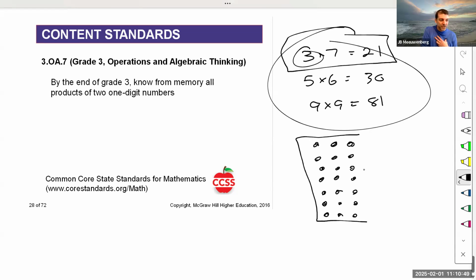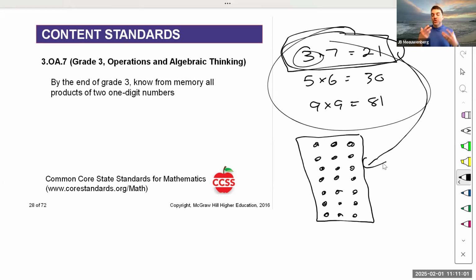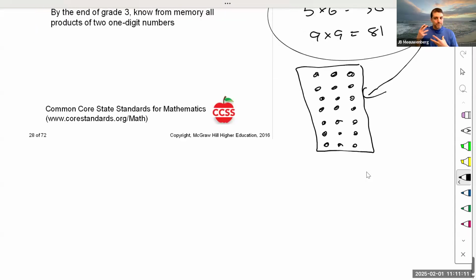Where you've got all of those individual little squares or dots. 7 times 3 is that. And connecting this collection of symbols to this concept is what allows students to, quote, memorize 3 times 7 equals 21, okay? If they don't have that, you're just sort of memorizing groups of symbols, and that's where it becomes hard. This has to be the underlying concept behind 3 times 7 and 7 times 3.